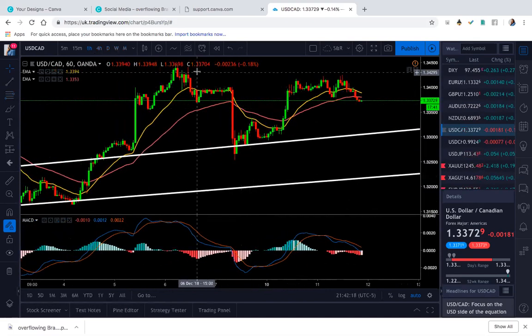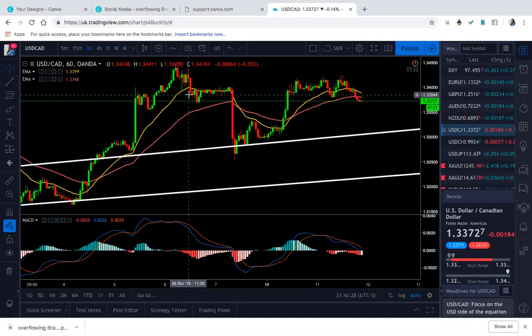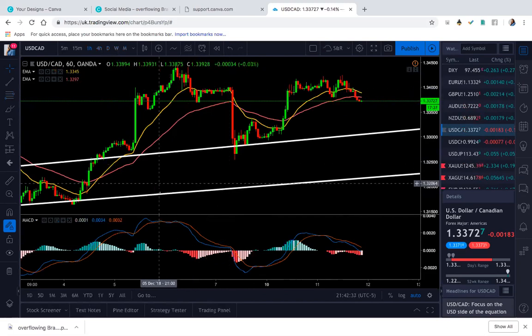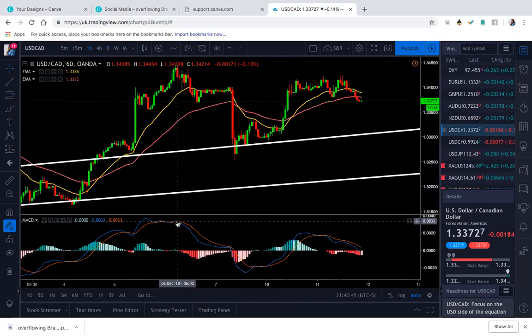Now, a couple weeks ago, Stevenson taught you guys about impulse, correction, and continuation moves. Well, this is the impulse. This is the correction. Now, if you look, the MACD had already crossed for the sell here. But if you look up at the top of the trade, that's when the sellers actually started to come in.